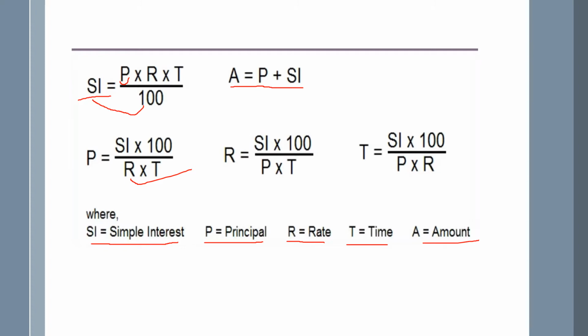So my dear students, the first formula is SI equals P into R into T by 100, and the second formula is amount equals principal plus simple interest. Then you will be able to do the complete chapter, the complete exercise.